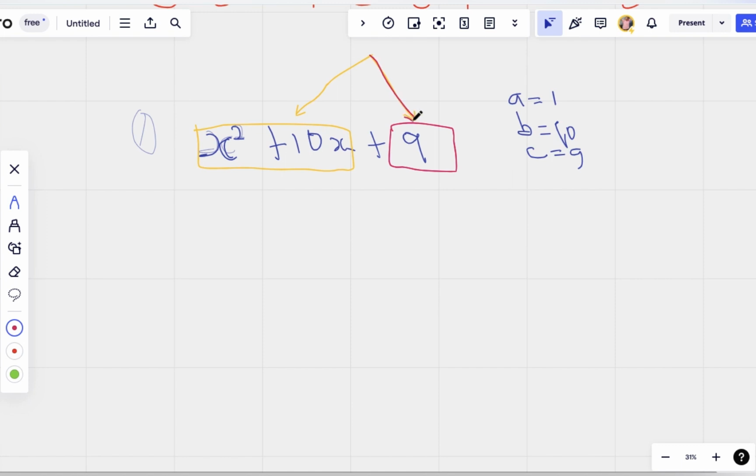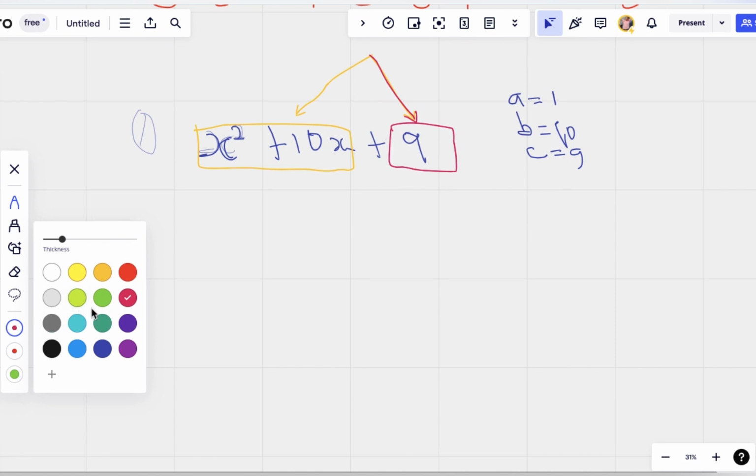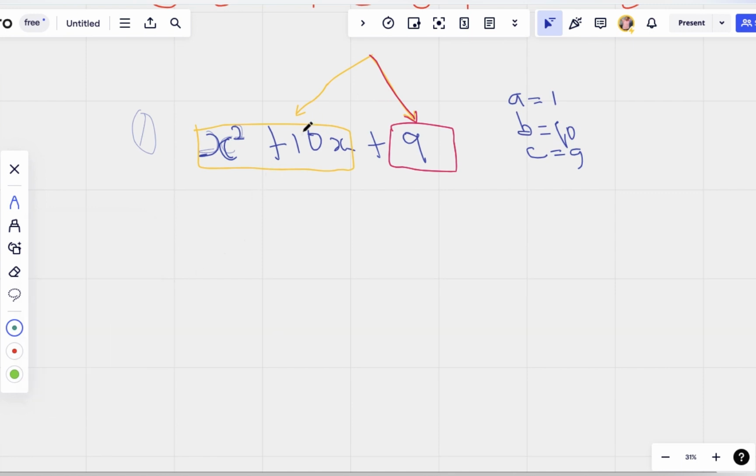Now we take the coefficient of x, which is 10. This number, the coefficient of x, we halve. These are the conditions.